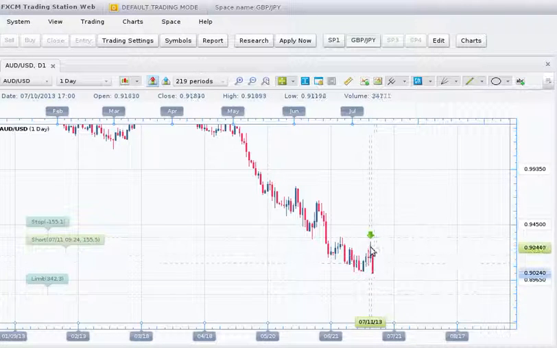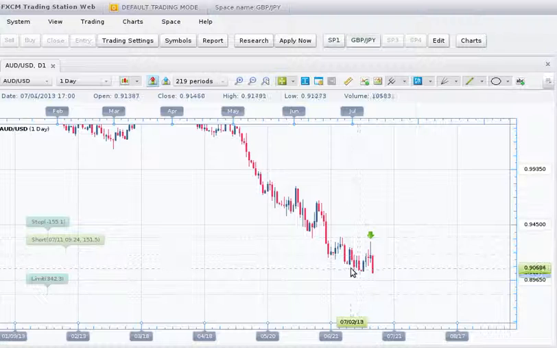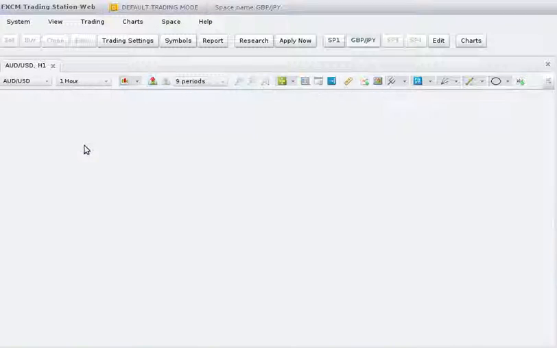That's a good sign when you're in a short, that you're making new lows for the month. But just remember that this is all done in real time.